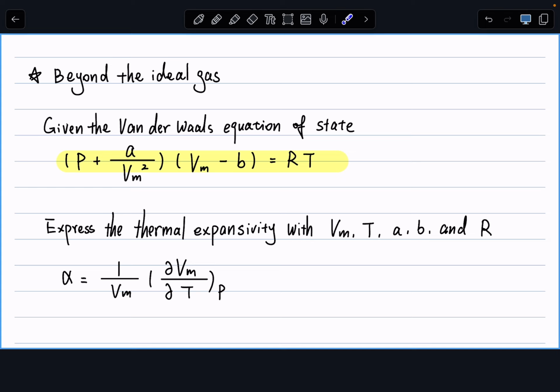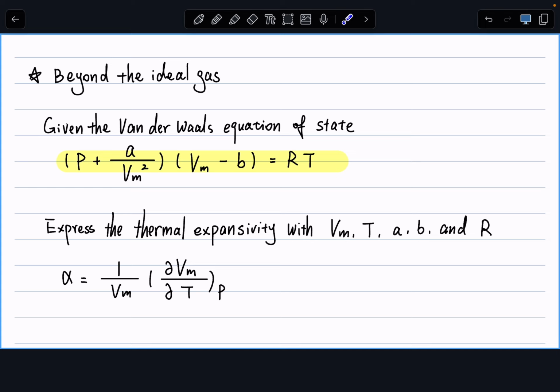And then we look at the second part. Here we want to express pressure as a function of Vm and T. Looking at the equation, we only have one pressure term. So P equals RT over (Vm minus B), minus A over Vm squared. Am I doing that right?